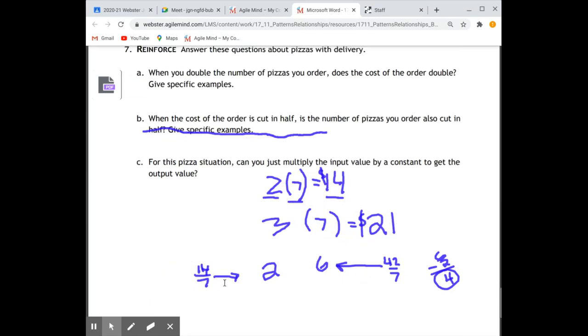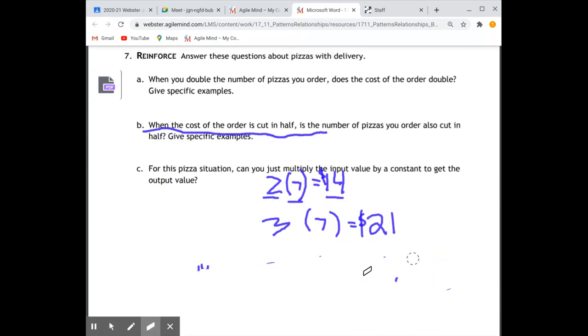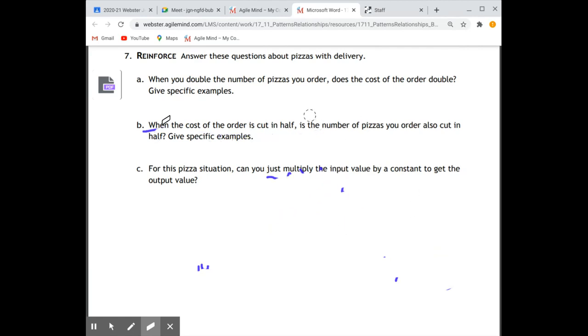Looking at part 7. Let me get this erased off of here. All right, and let's get Reginald to read for us, please, sir.